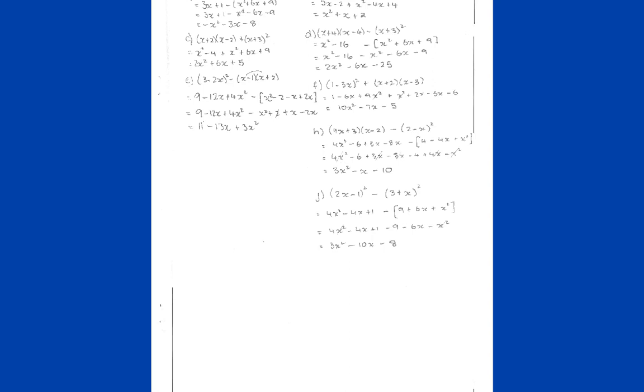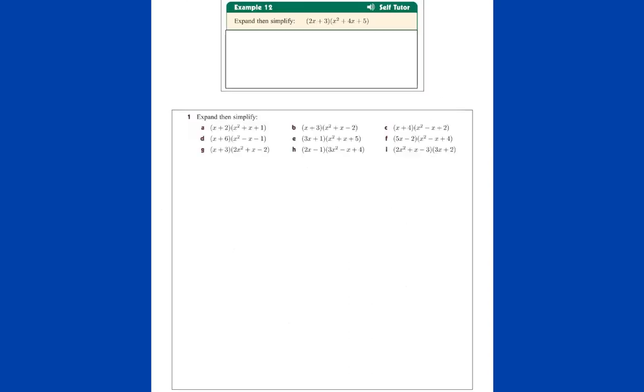Okay, have a look at this one. We've got 2x plus 3, and then we've got x squared plus 4x plus 5. So we're going to multiply everything by 2x: 2x cubed plus 8x squared plus 10x, and then everything by 3.